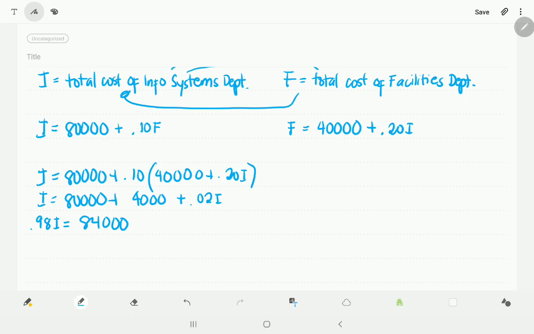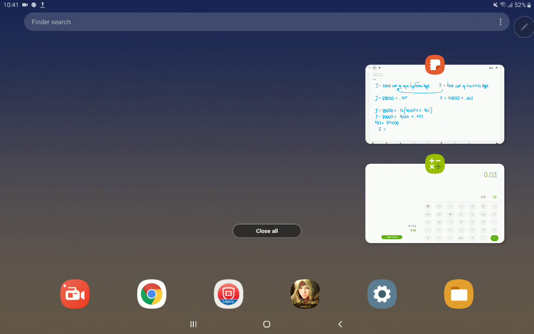To compute for I, we divide 84,000 by 0.98.